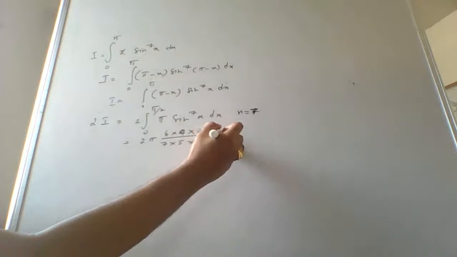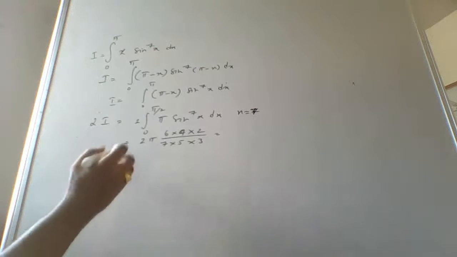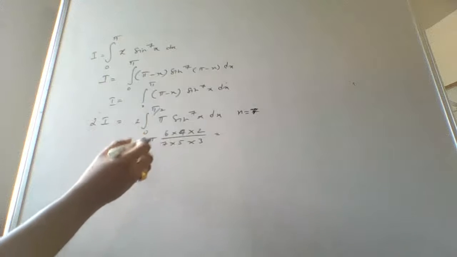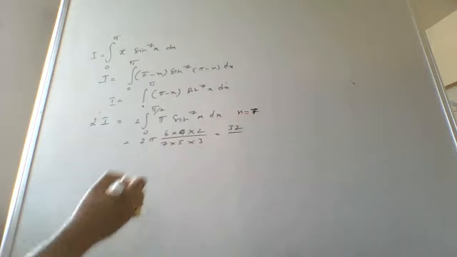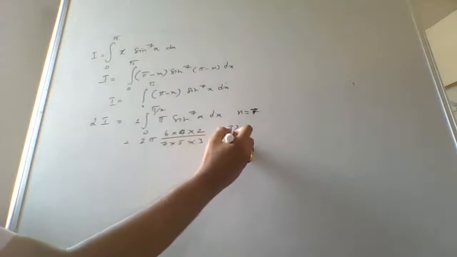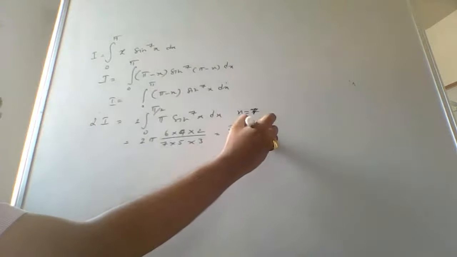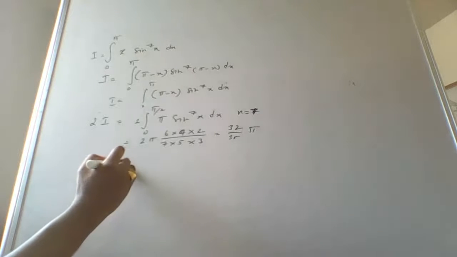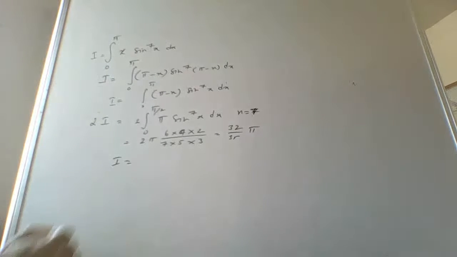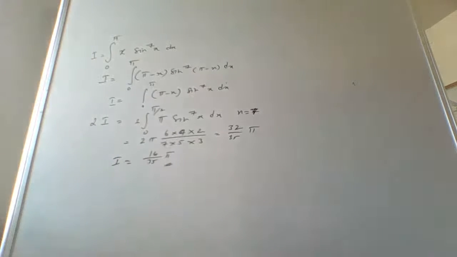So if I try to simplify this, one term and two terms, this two gets cancelled. So I'll be left with 32 by 35 and pi. So I will be 16 pi divided by 35. So this will be the solution.